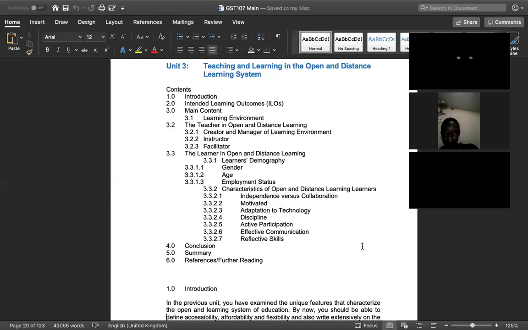And then on the age front, contrary to people's opinion that the open university is for those who are working, you discover that there are those who are not working, there are those who are working, there are those who are self-employed. By the time you add those who are self-employed with those who are employed in other places, the percentage of those who are working is actually higher.